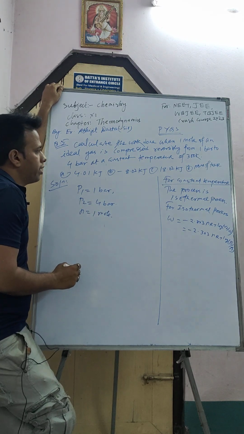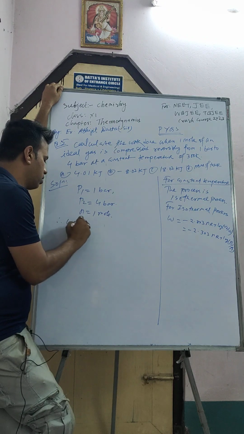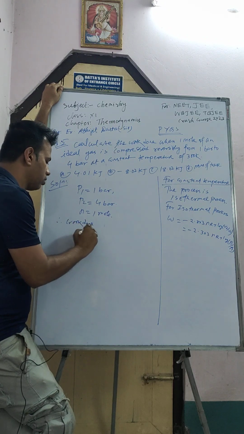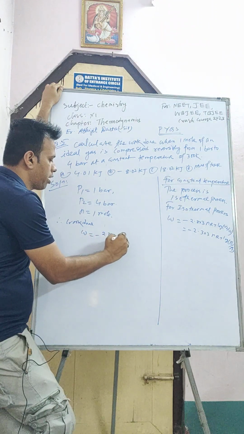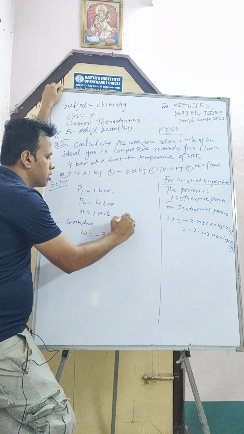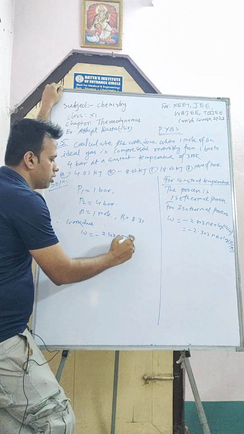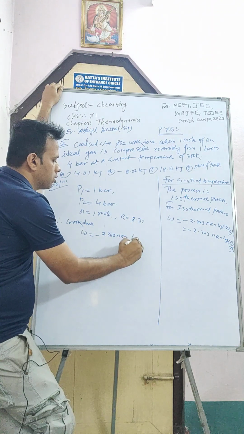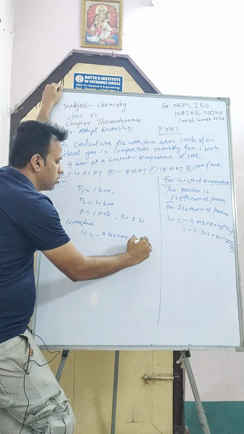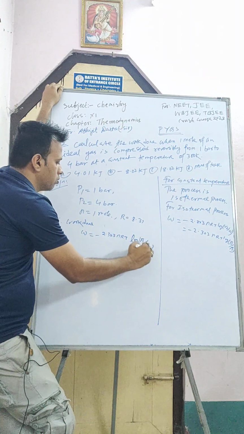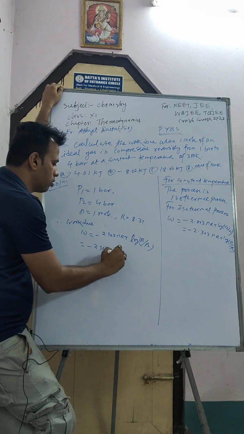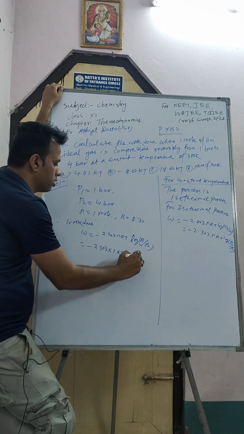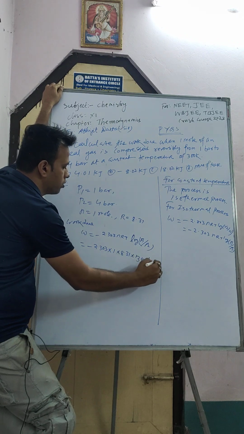Therefore work done W equals minus 2.303 nRT, where R is 8.31, log P1 by P2. Minus 2.303, n is 1, R is 8.31, T is 300, and log 1 by 4.